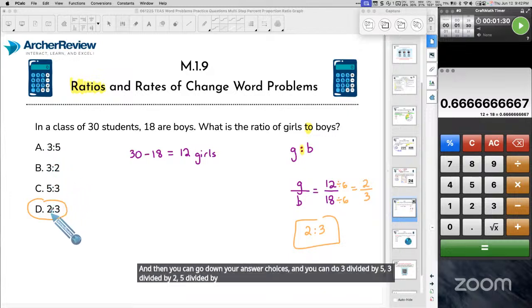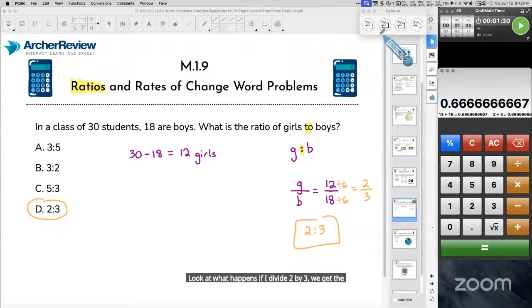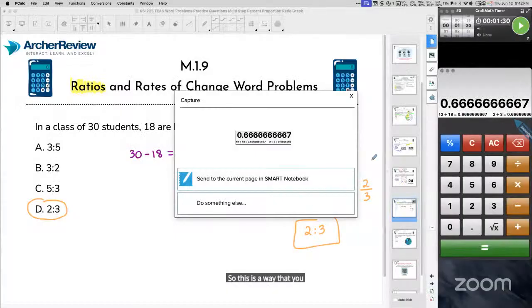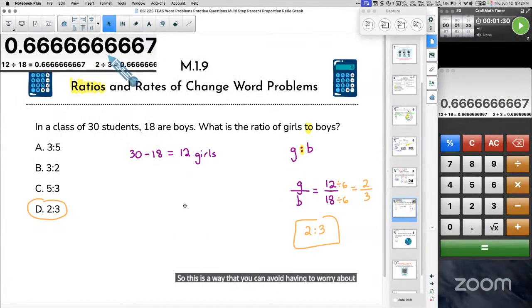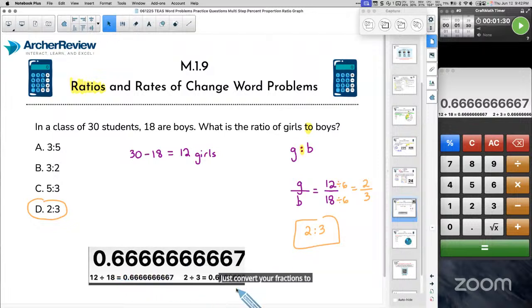I promise you this is going to be the only one that works right here. Look at what happens if I divide 2 by 3. We get the same answer. So this is a way that you can avoid having to worry about simplifying fractions sometimes. Just convert your fractions to decimals and see if they are the same.